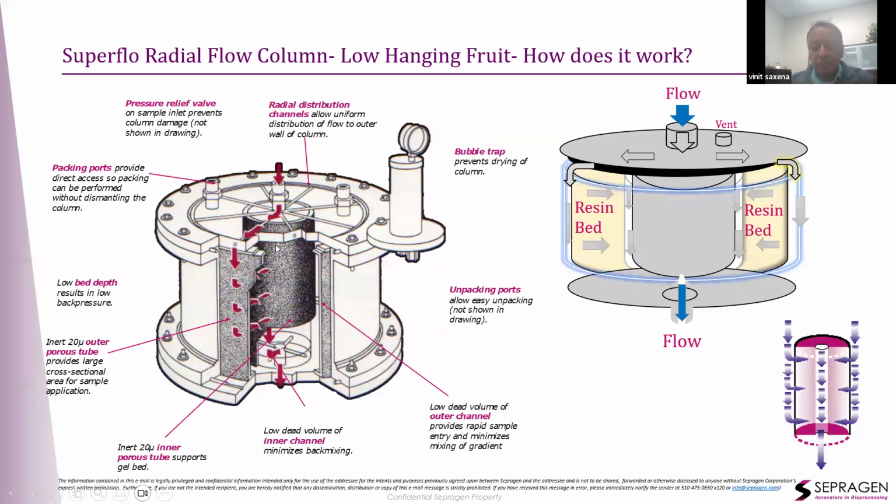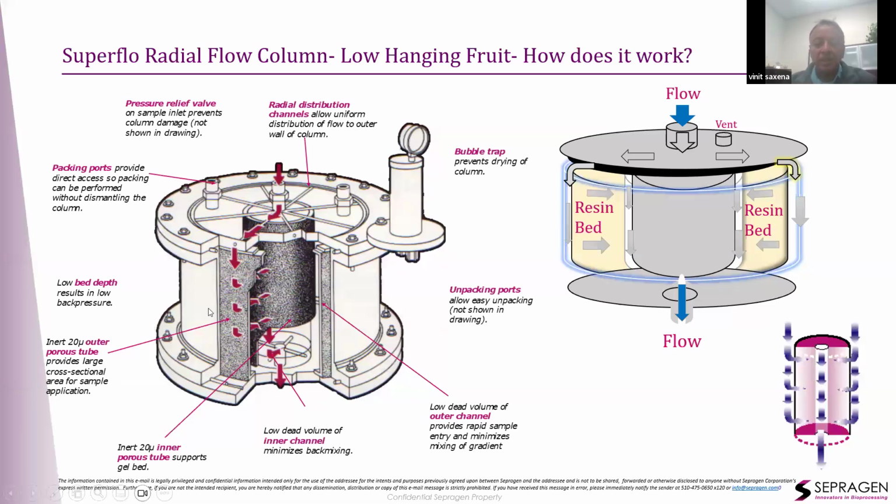And the resin is held between these two frits, right? And inside the inner frit is a space holder, or a blank, or an empty cylinder. So the flow comes in now and gets distributed to the entire outside wall of the column and then travels radially in through the resin bed, through the inner filter, and slides down the side of the space holding cylinder and out the bottom.